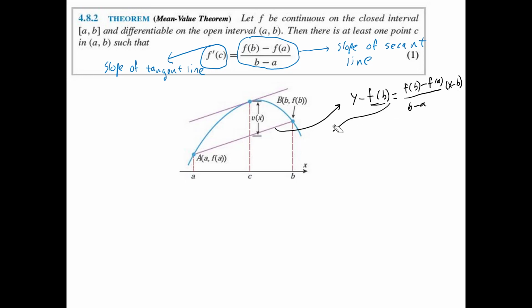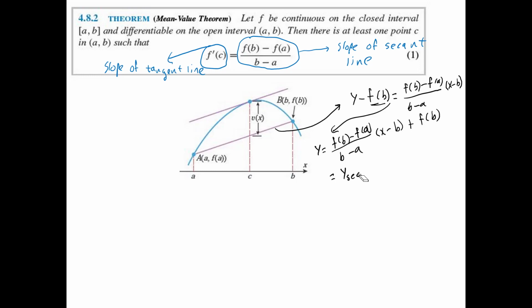And so then this becomes y is equal to f of b minus f of a, all divided by b minus a, times x minus b, plus f of b. We're going to just call this y secant. So this is just the secant line, right?